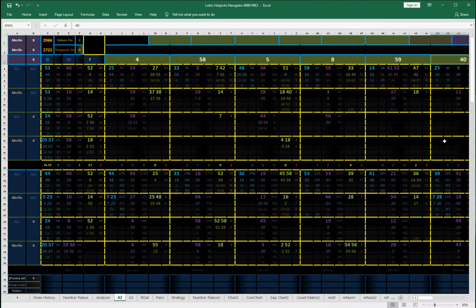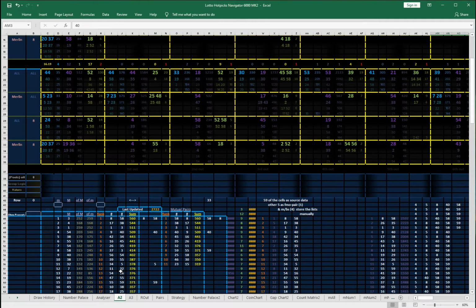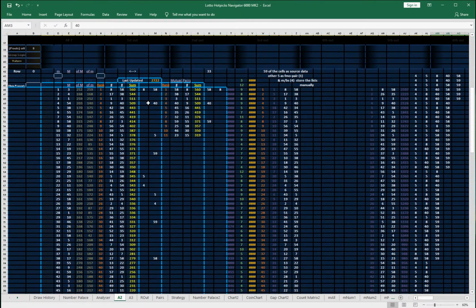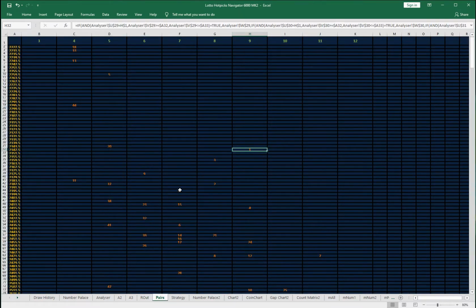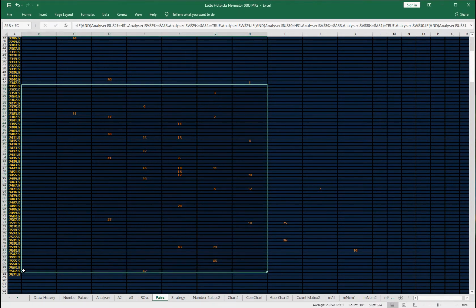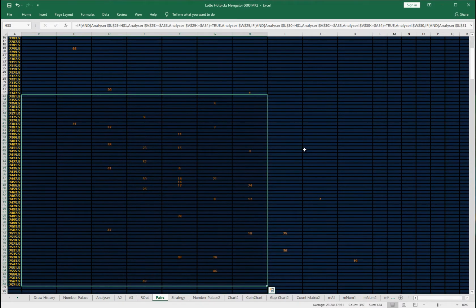And there's a reason why I've picked these numbers. Now, the reason why I picked these numbers, I'll show you in a minute. Now, this section basically measures the area of each pair of numbers.